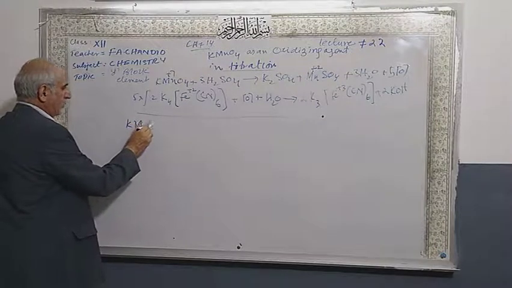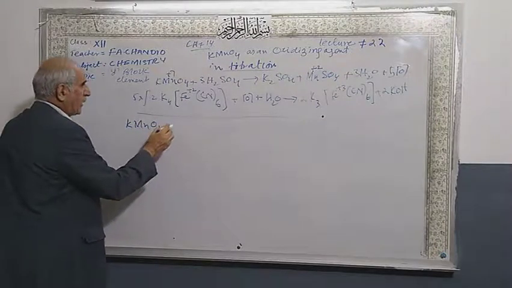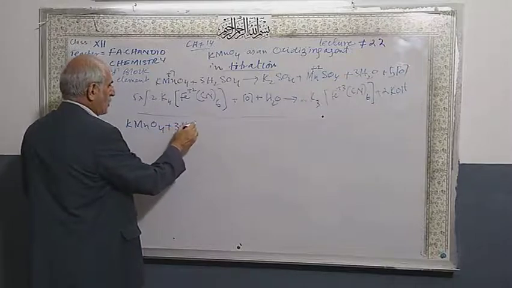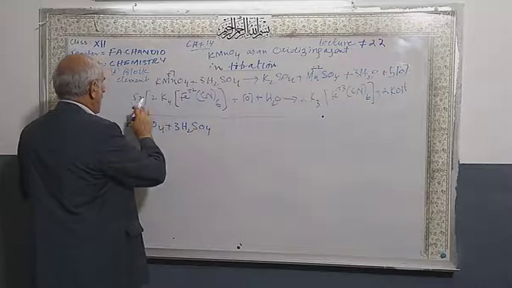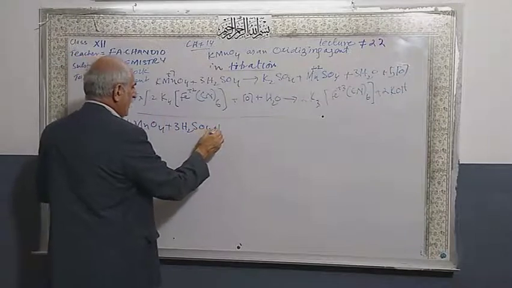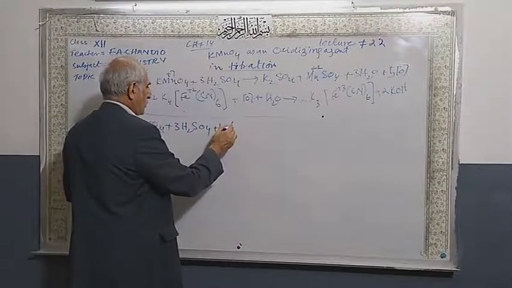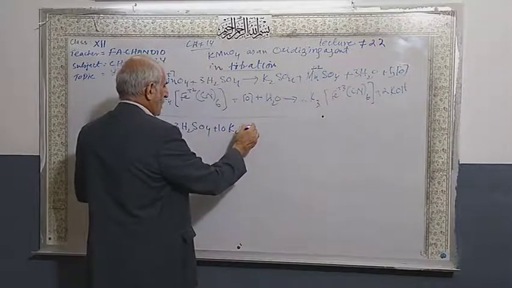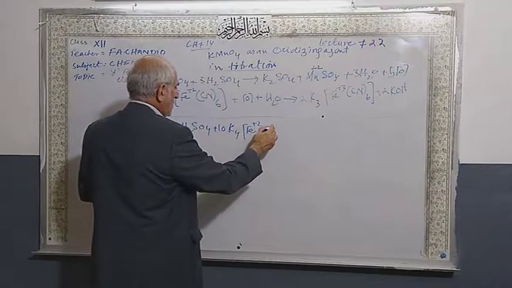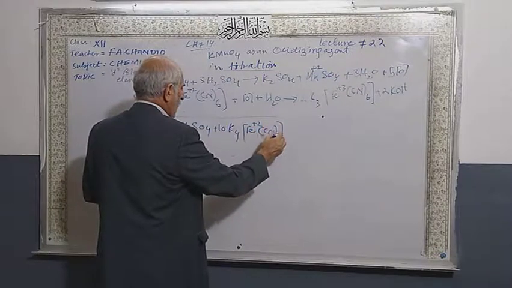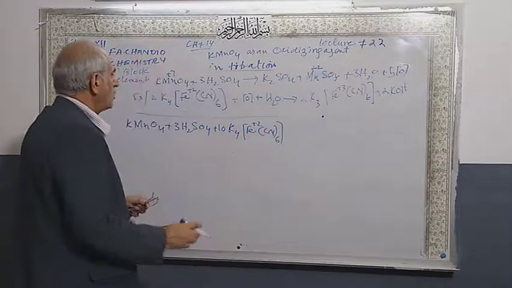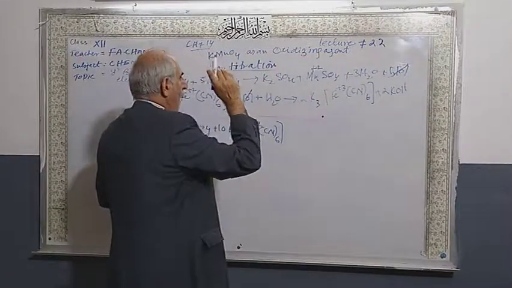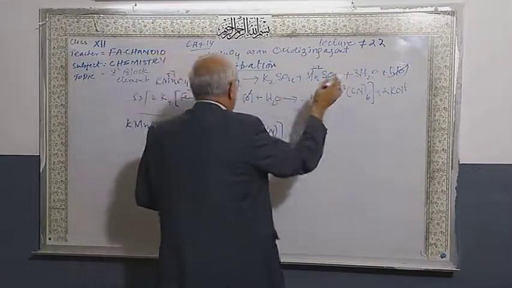Potassium permanganate and 3 moles of sulfuric acid, and this 5 gives plus 10 potassium hexacyanoferrate(II). Oxygen is going to be cancelled out, and one water molecule and 3 remain behind.